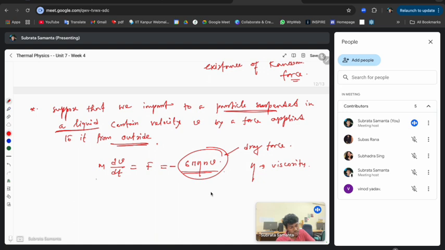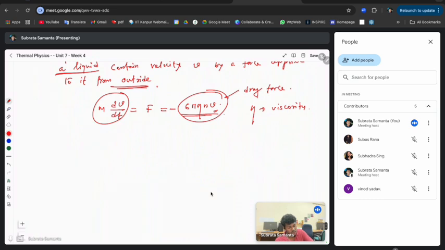So now we solve these equations. This is your first order equation in v: m dv/dt equals minus 6 pi eta r v.